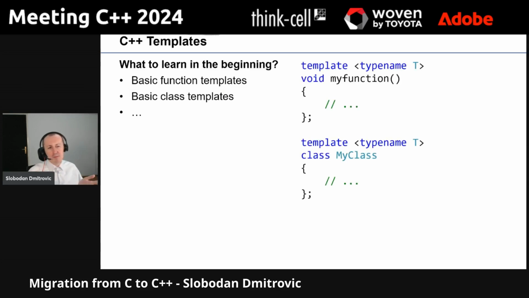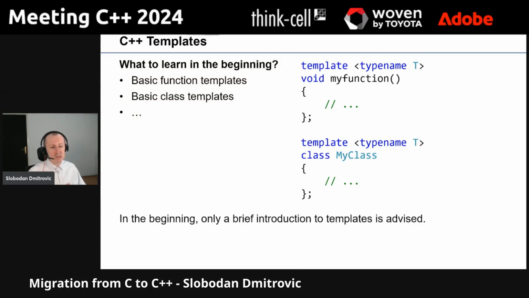And this is a blueprint of how you can start with those. So just a simple starting point, a blueprint of what to expect when working with basic function templates and class templates. So once again, let's repeat this: in the beginning, only a brief introduction to templates is advised when starting with C++.